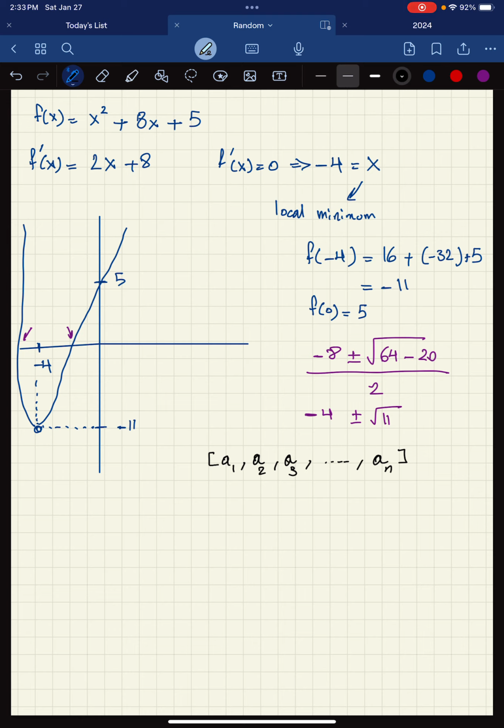For this problem, since we can kind of estimate how the function would look, even without knowing where the local minimum is going to be, we can probably say that our minimum is going to be in a range of -10 and 10. Or maybe in another problem, it is from -100 to 100.